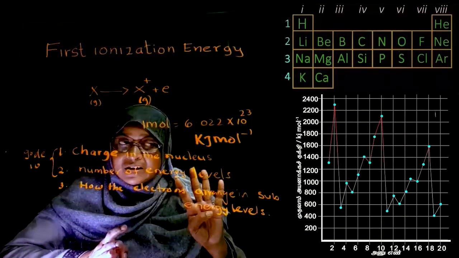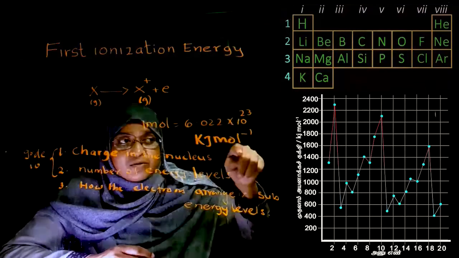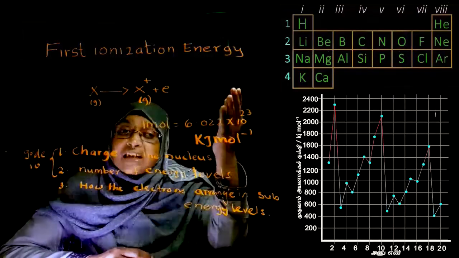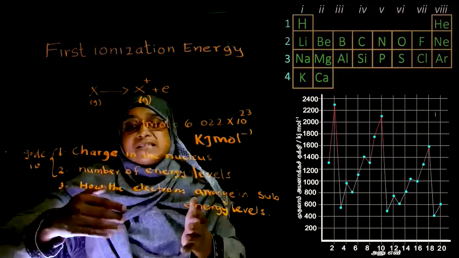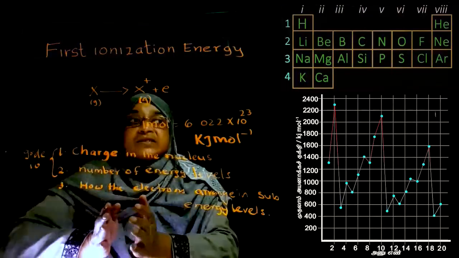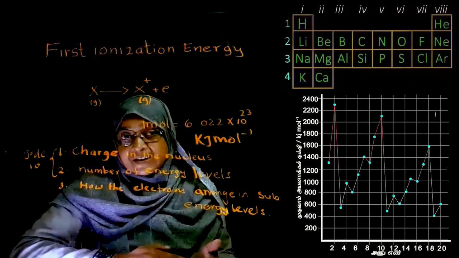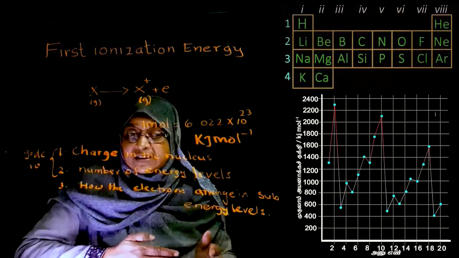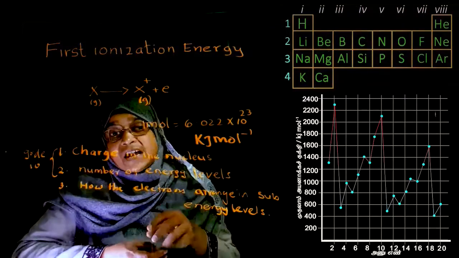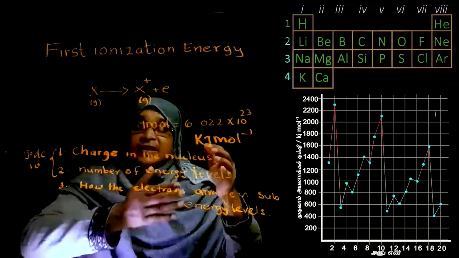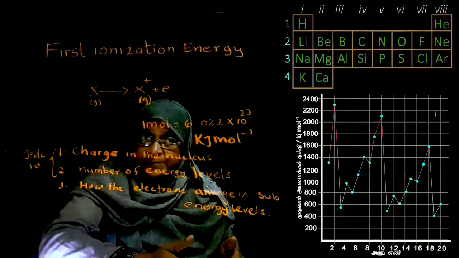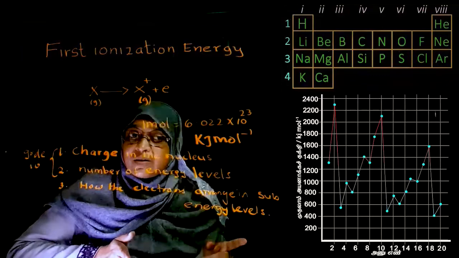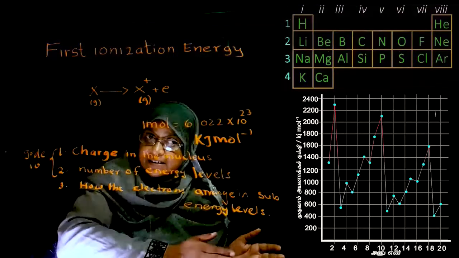So down the group the number of energy levels increases, and the distance between the nucleus and the last shell also increases.